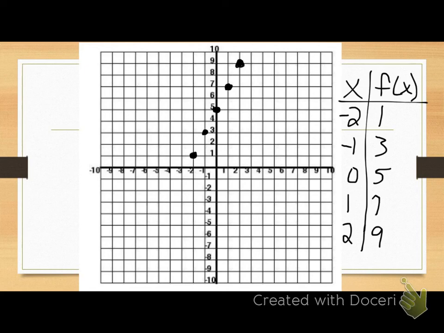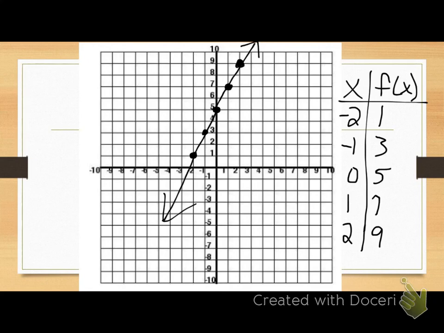This will just keep going on forever and ever, correct? I just picked 5 points on the line to get my line. It goes on forever in both directions. Does it have to be 5? I'd like you to do about 5 points. And there's my graph.